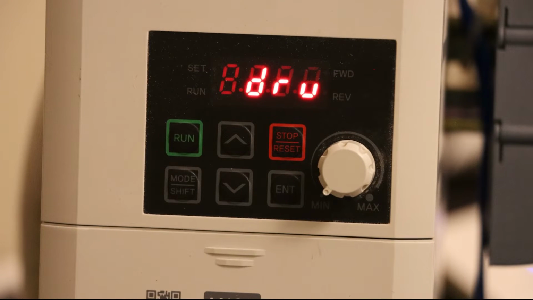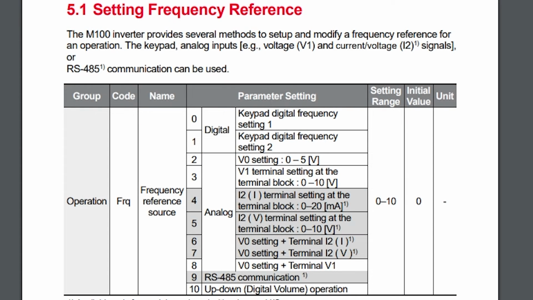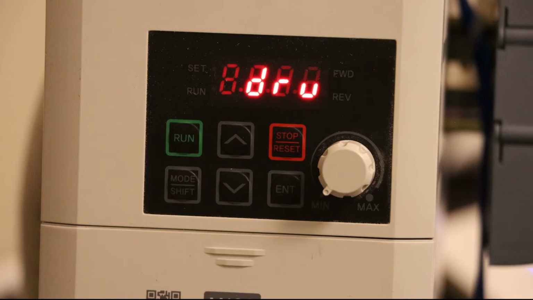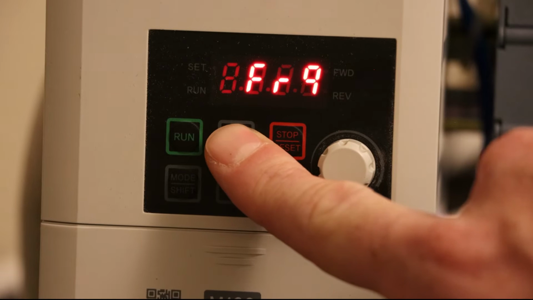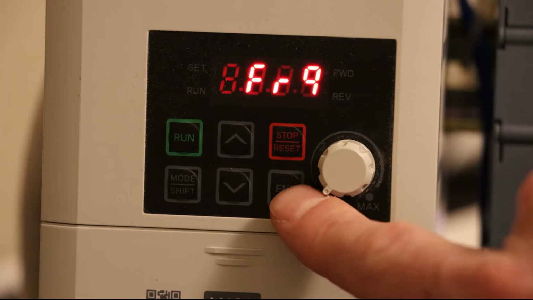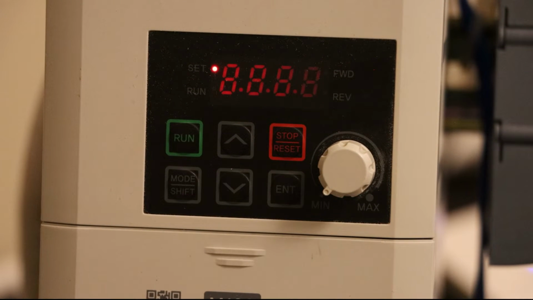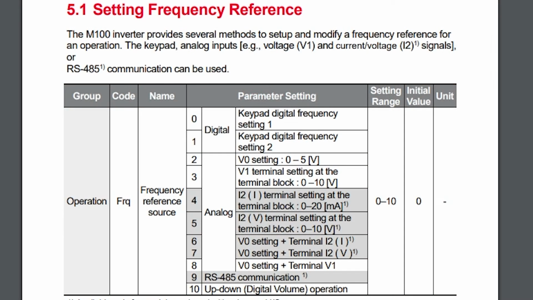And the next setting that we need to change, if we have a look in the datasheet, is the frequency reference, and that is FRQ. So if we move up to FRQ, there he is, go into him. And we're currently on 2, which makes sense because we're using the knob that's inbuilt into there, the 0 to 5 volt little potentiometer.